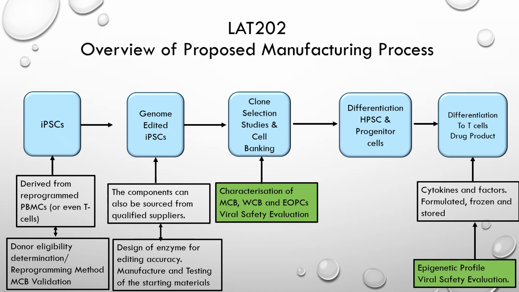So the plasmid contains the gene sequence for the Cas9 and the guide RNA. And the bank systems are usually bacterial cells, so they're E. coli, and they are stored in master cell banks, and these master cell banks have to be tested extensively for identity, stability, and purity to ensure that you've got no bacterial or viral contamination.